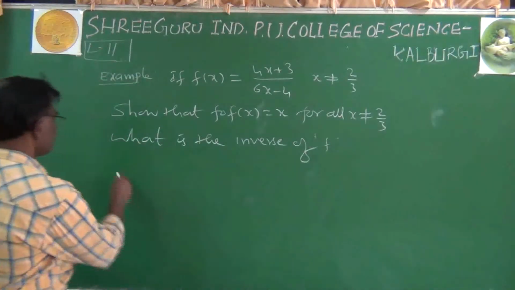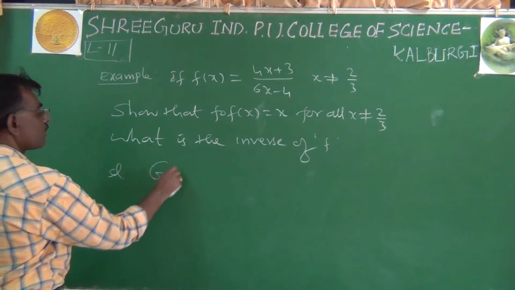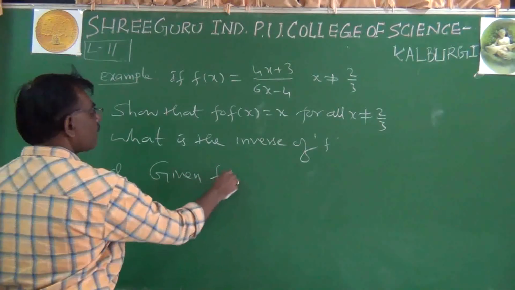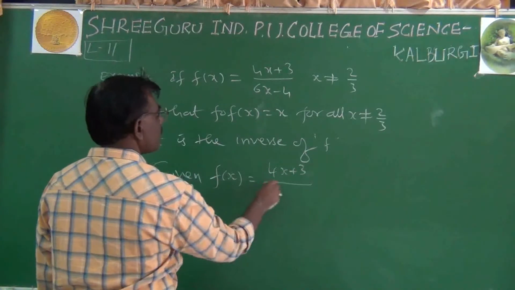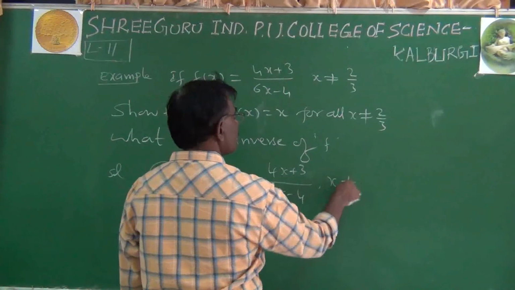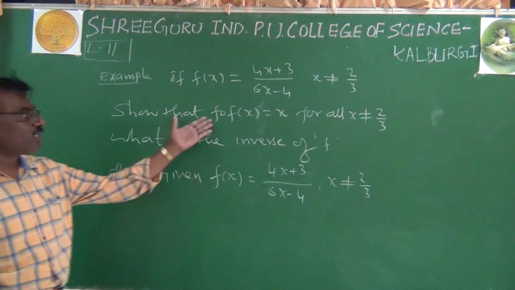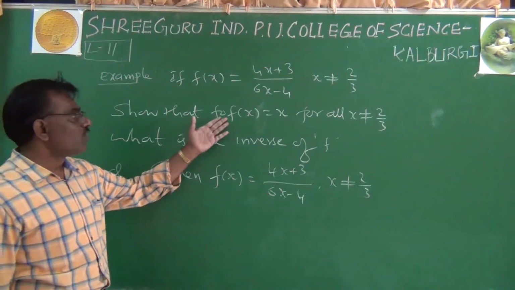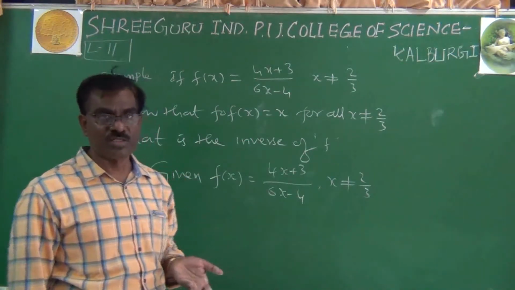Solution. It is given that f of x is equal to 4x plus 3 divided by 6x minus 4, x not equal to 2 by 3. Thus you have to prove the identity function. I explained, f composition f of x is nothing but the identity function.